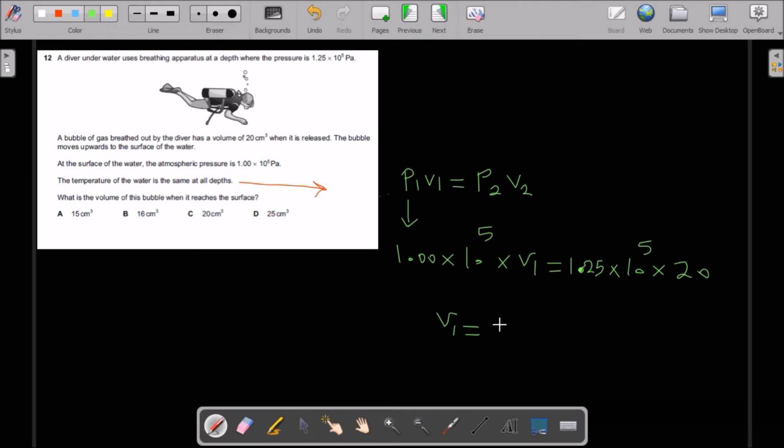If you calculate, V will be 25 centimeter cube. So that's why D will be right.